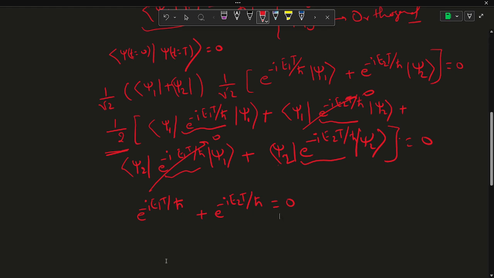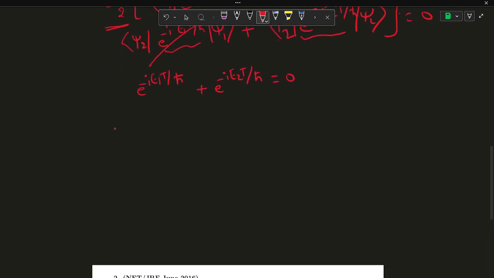So we can simply write here e to the power minus i E1 t upon h-bar is equal to e to the power minus i E2 t upon h-bar. So we can simply write i (E1 minus E2) t upon h-bar is equal to minus 1.